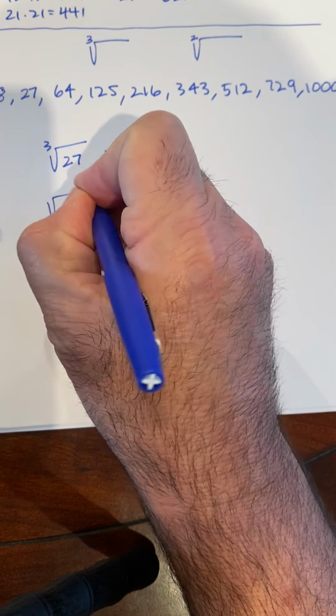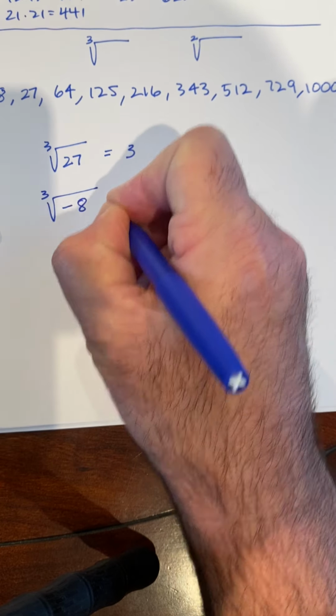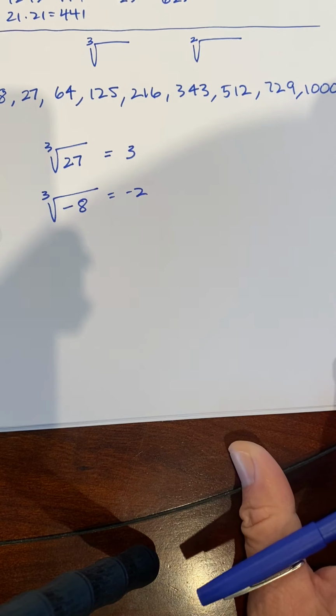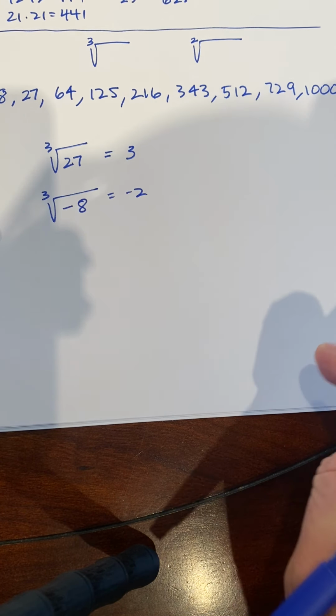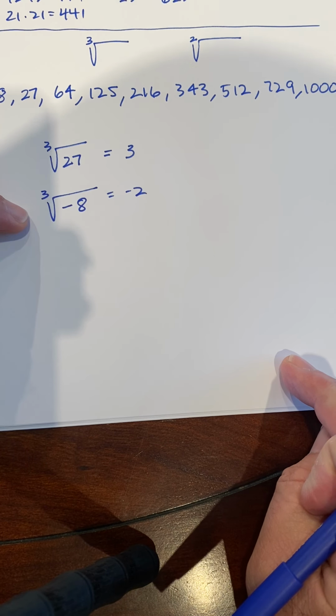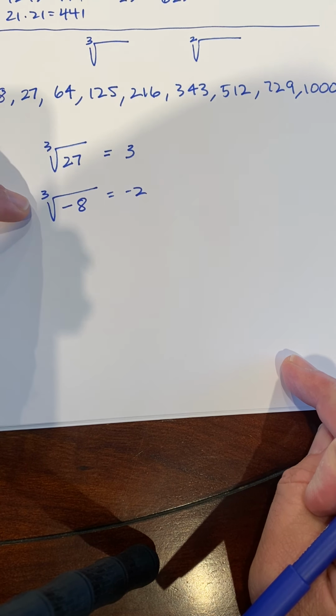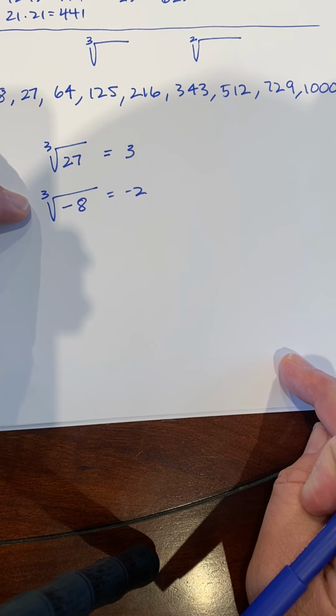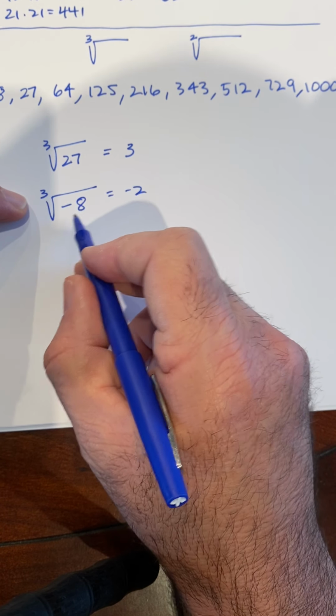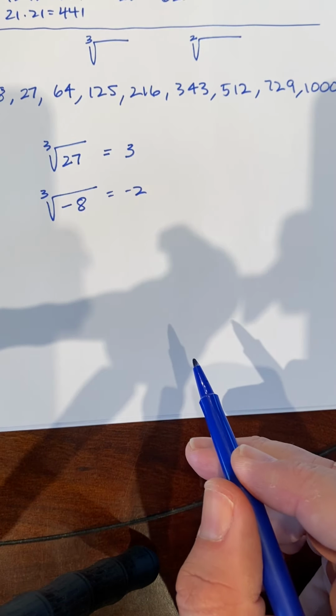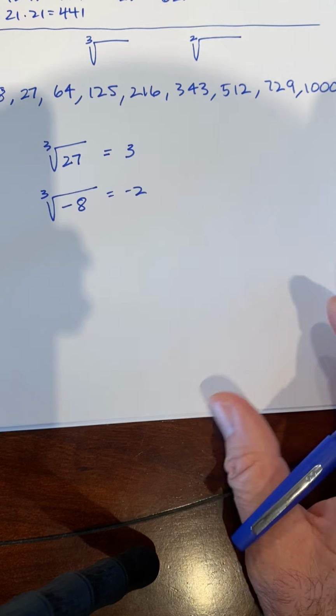Now watch this. Let's say we wanted the cube root of negative 8. Well, that is negative 2. Because negative 2 times negative 2 times negative 2 is negative 8. So we can take the cube root of a negative number. And negative 8 is a perfect cube. Okay? So you're going to see problems like that.